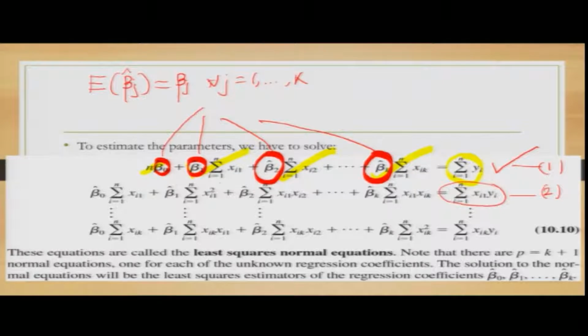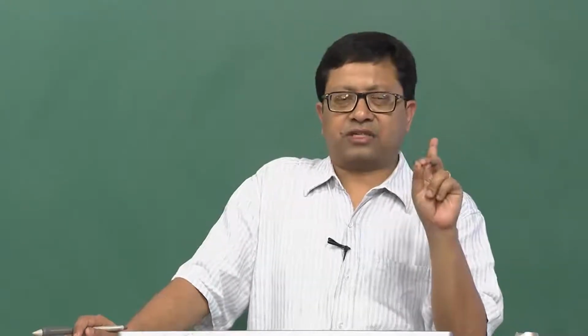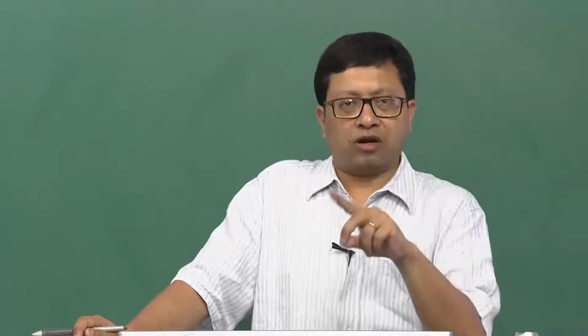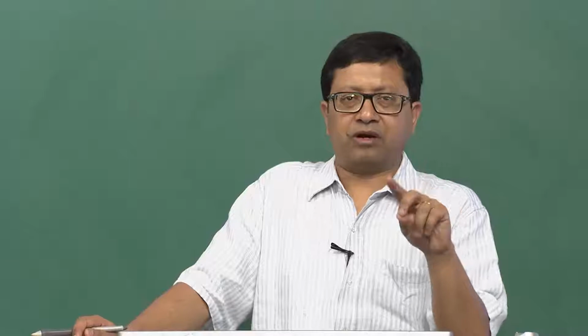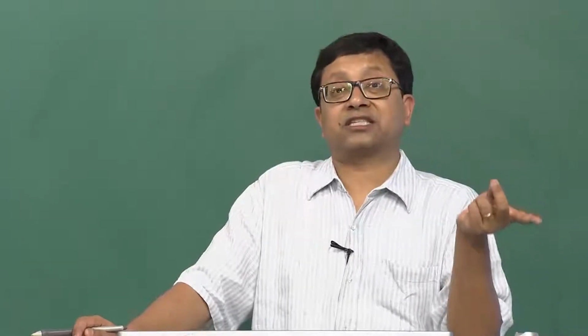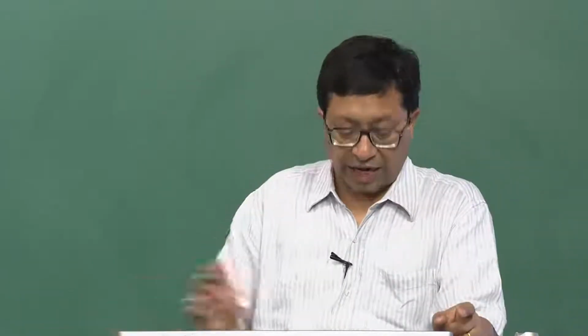So, it will be x 1 1 square, then the third term, fourth term till the last term. The last equation will be exactly the same, just replace. In the first case, x 1 was multiplied for all the terms. In the second equation, x 2 was multiplied for all the terms. In the last equation, it will be x k being multiplied for all the terms.